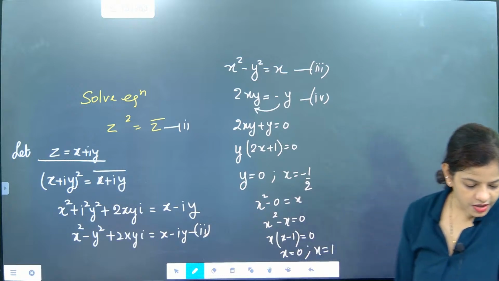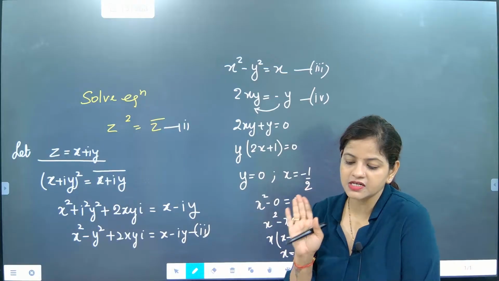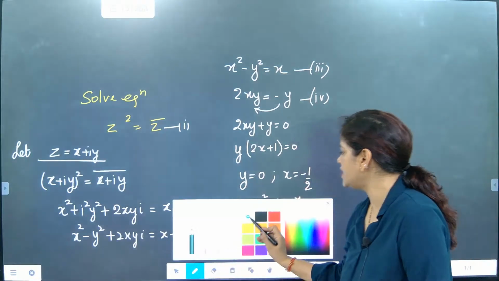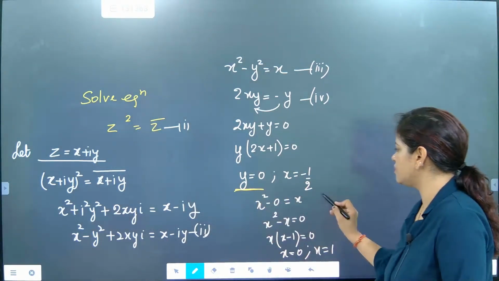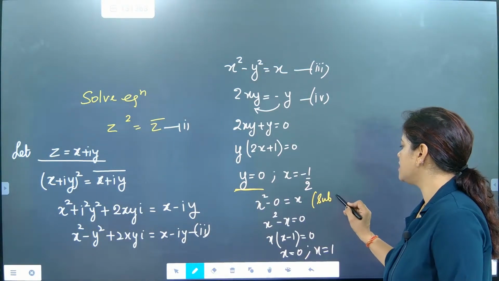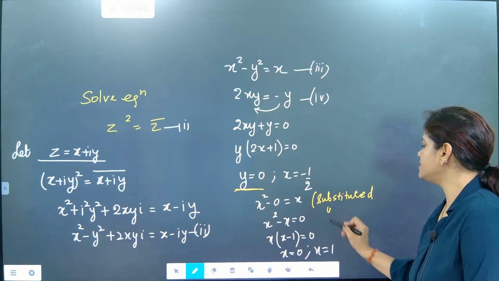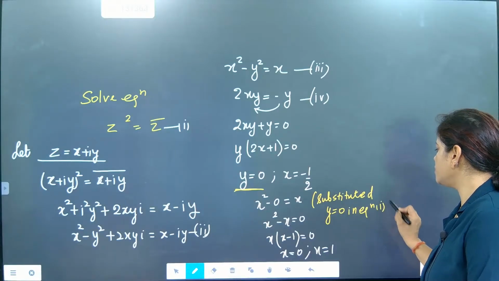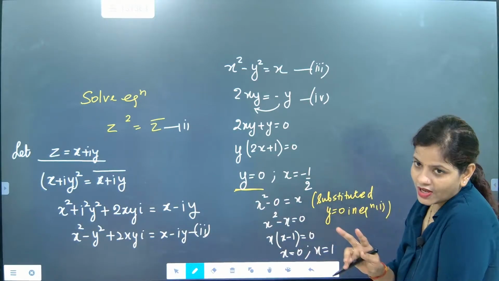So here z will have two complex numbers. When you substitute y is equal to 0 in equation 1, beta, you got two values of x.